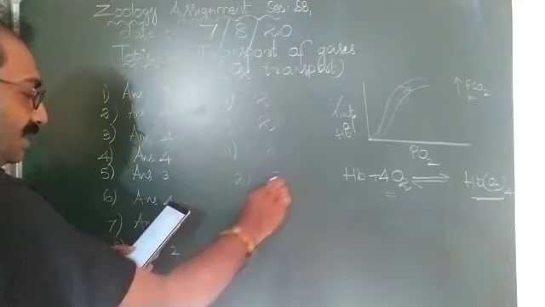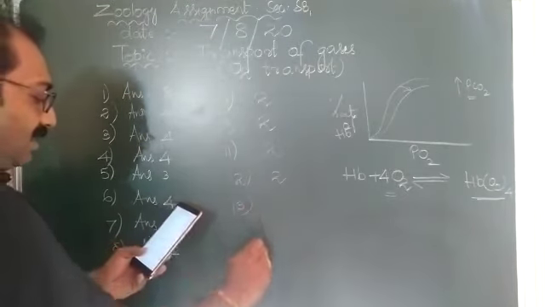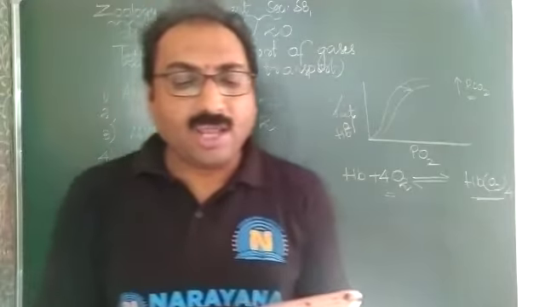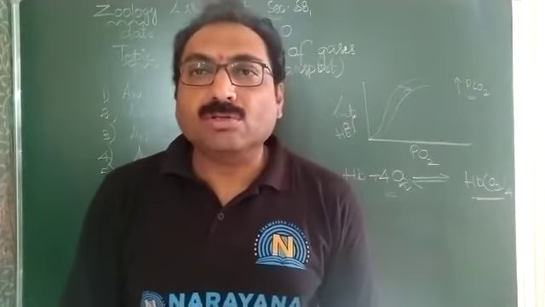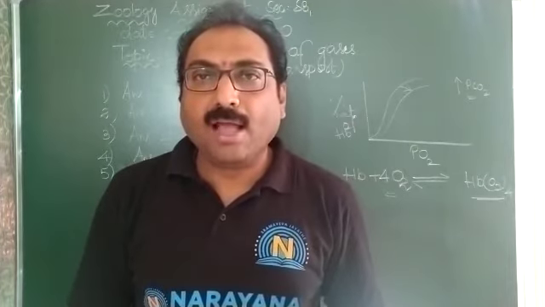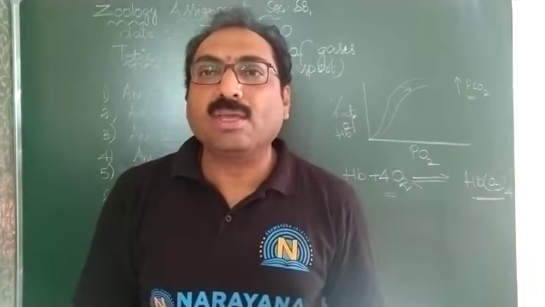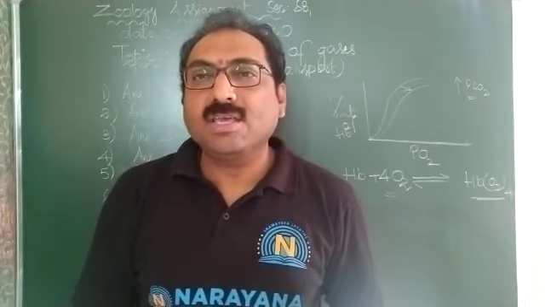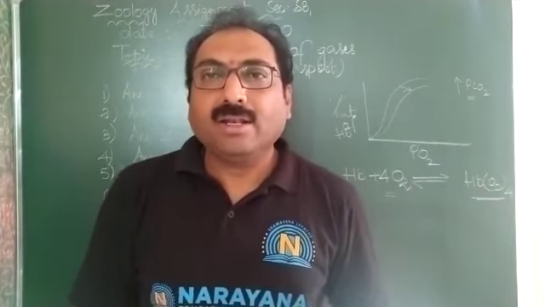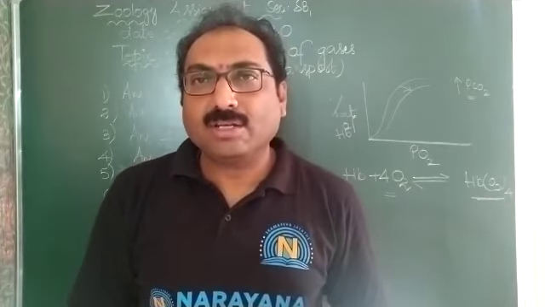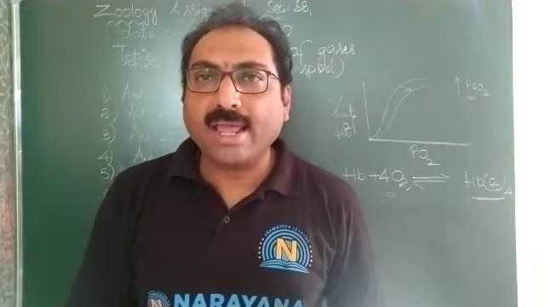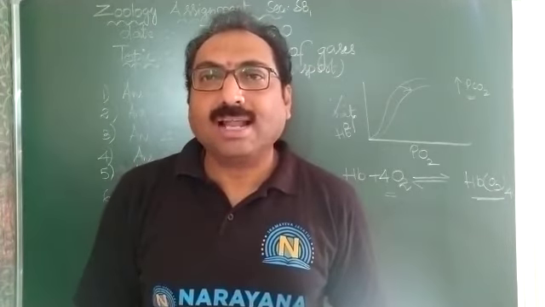So second one. Next, 13th one, a molecule of hemoglobin carries how many oxygen molecules? We know hemoglobin is a conjugated protein having a globin surrounded by 4 heme molecules, and each of these heme molecules can combine with oxygen. When it is 100% saturated, a hemoglobin molecule can carry 4 molecules of oxygen at a time.